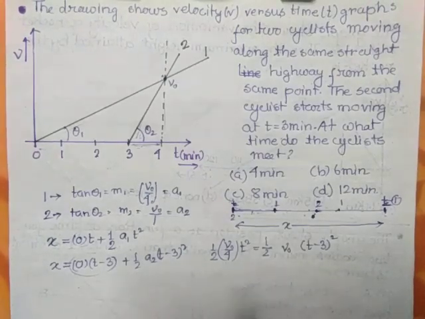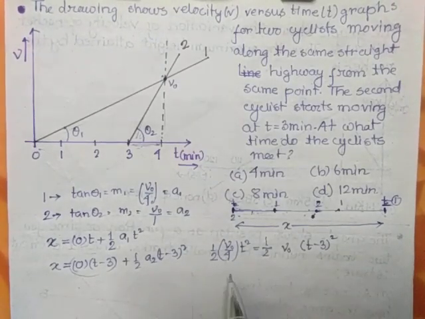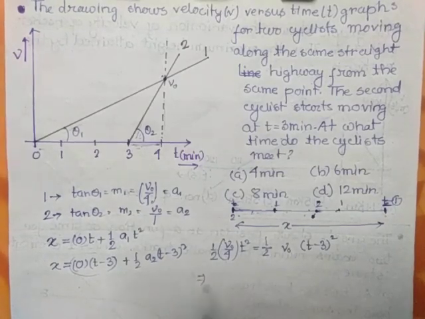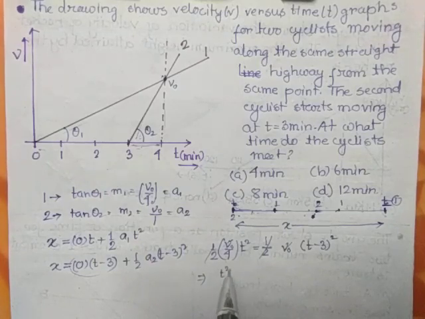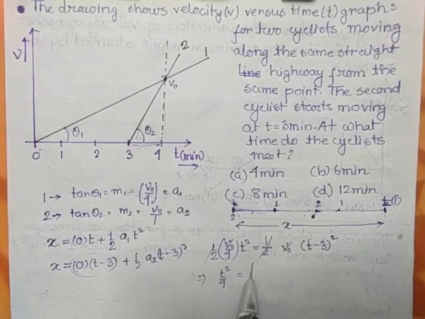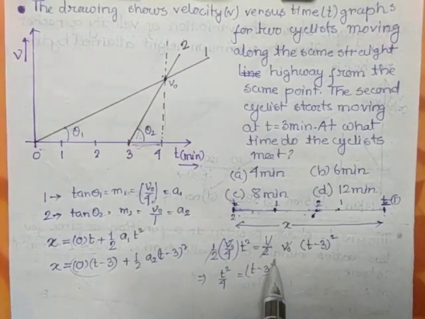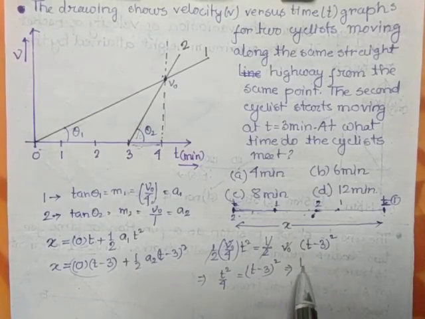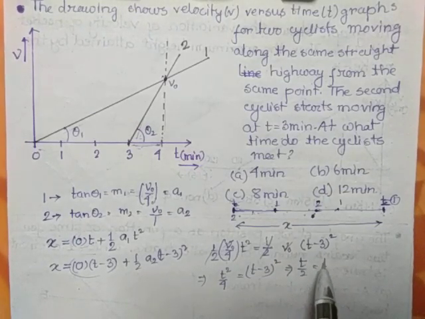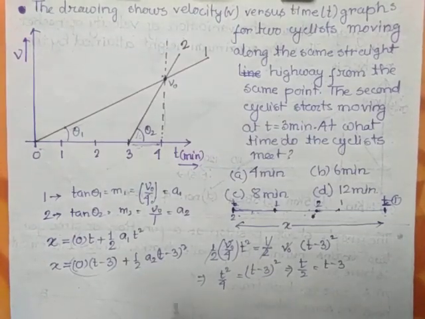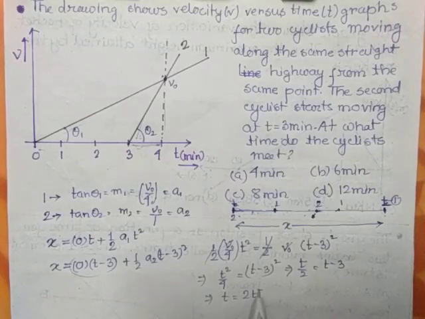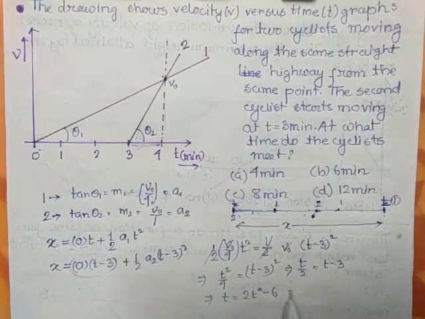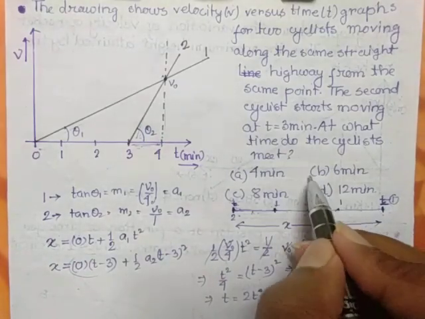If I solve this, v0 cancels out, half cancels out, so it becomes t square by 4 equal to t minus 3 whole square. So t divided by 2 equals t minus 3. So t equals 2t minus 6. If I calculate this, you get t equal to 6 minutes. So this is the right answer.